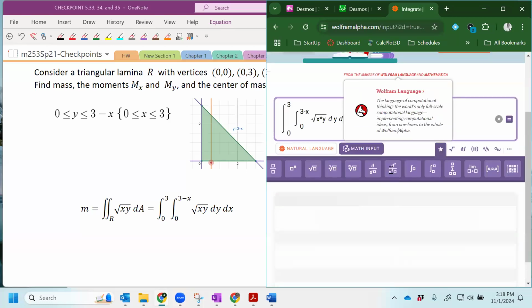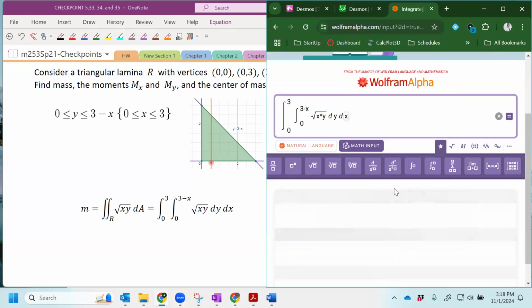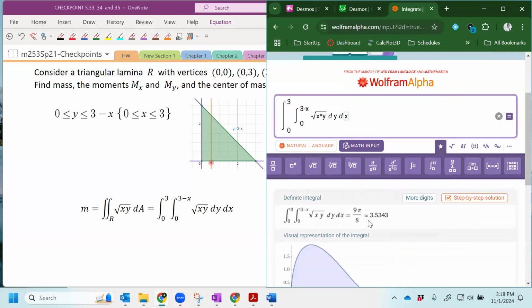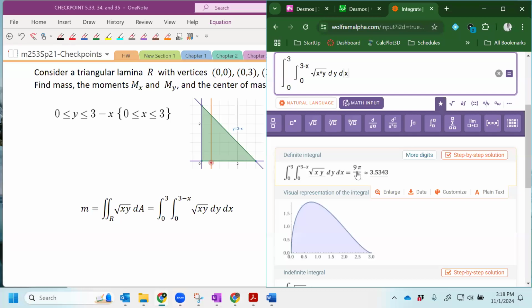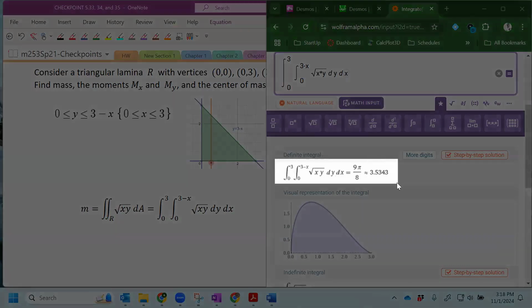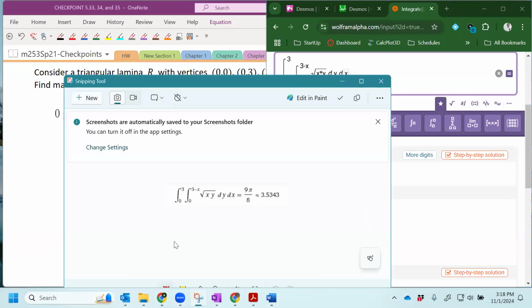All right, so we'll do that computation, and we'll see that it will give us, strangely enough, something with a pi in it. So 9 pi over 8. Let's keep that as a result, because this is going to be our mass.